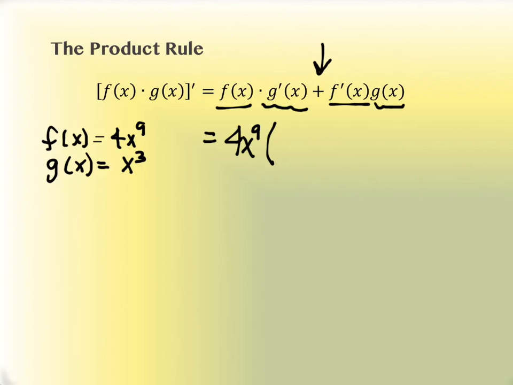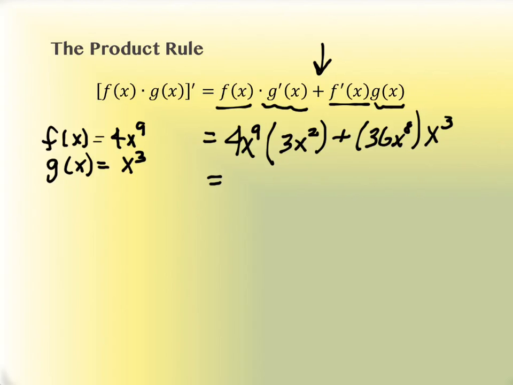What is the derivative of x cubed? 3x squared. Very good. To that we're going to add the derivative of the 4x to the 9th function, the first function. 36x to the 8th, and we multiply that by the original g function, which was x cubed.